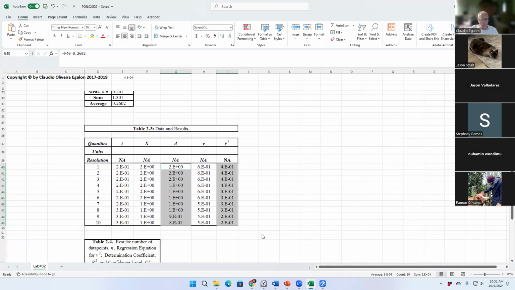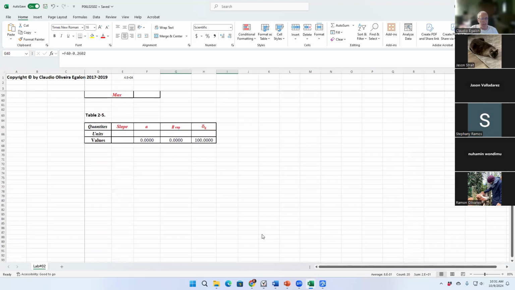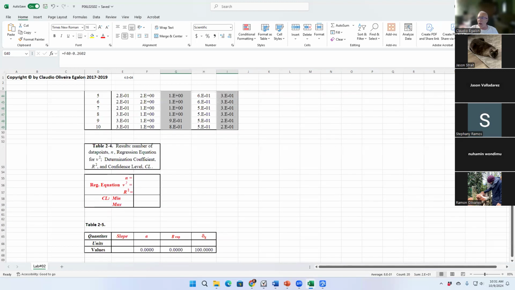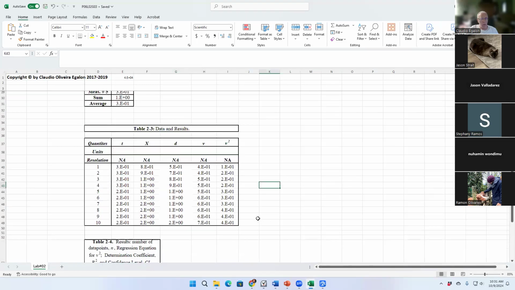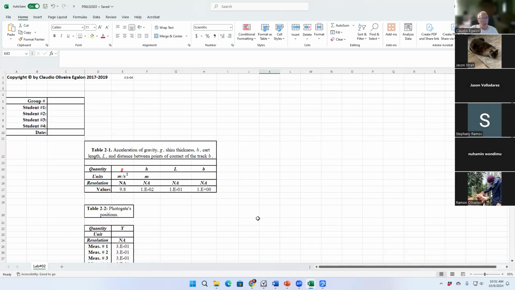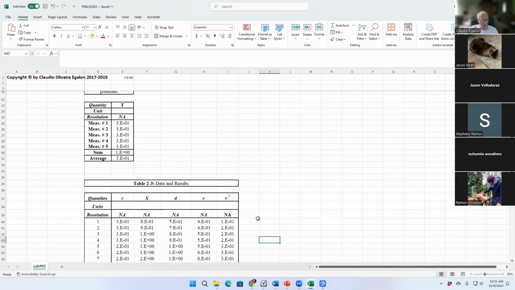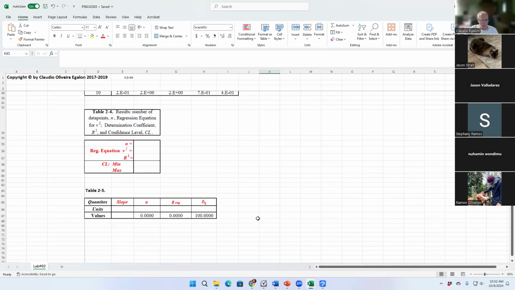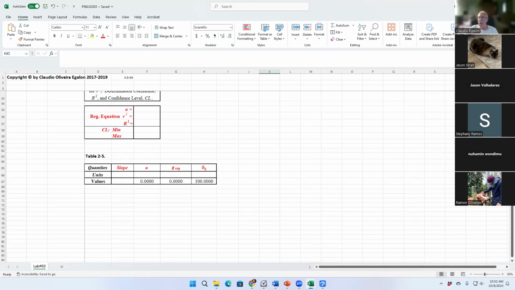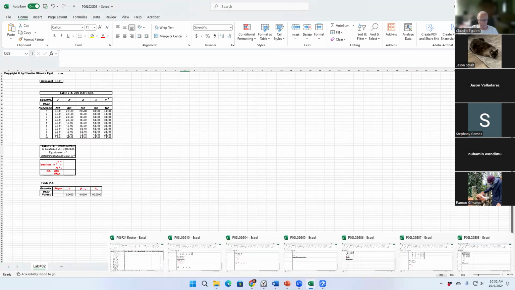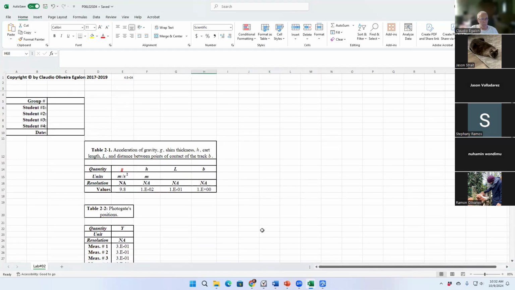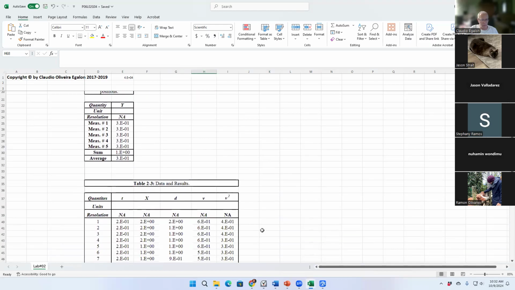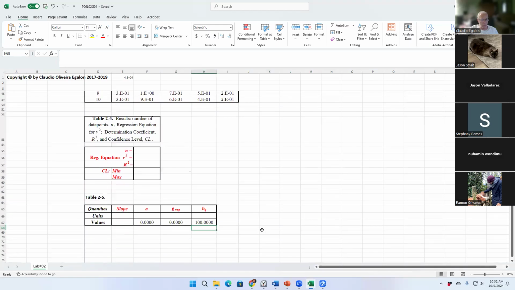I will walk you through this experiment so you can picture in your head how this whole experiment is performed. Ideally, you should be performing this experiment in the classroom, in the lab room, or even better, if you had all the toys, we could ship to your house and you would perform this experiment.